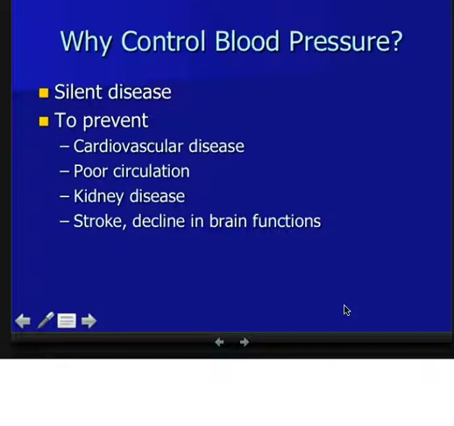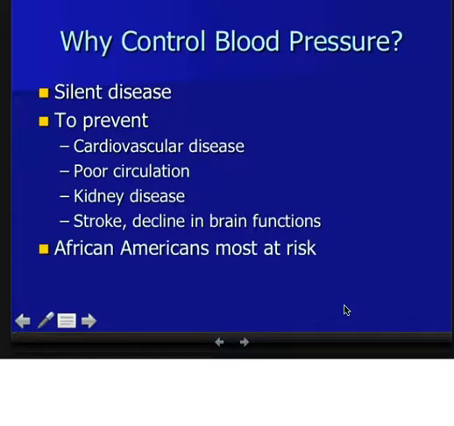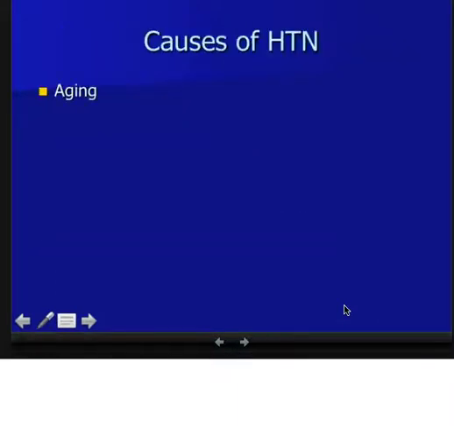So how do we prevent chronic hypertension? Exercise, diet. This allows us to prevent cardiovascular disease, poor circulation, kidney disease, and stroke, which can result in a decline in brain function. African Americans are most at risk. What are some causes?